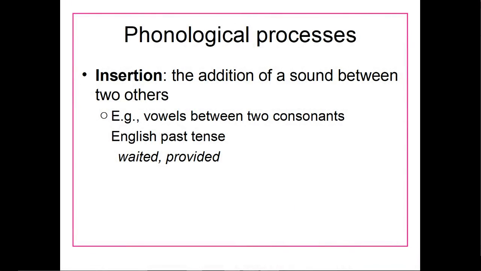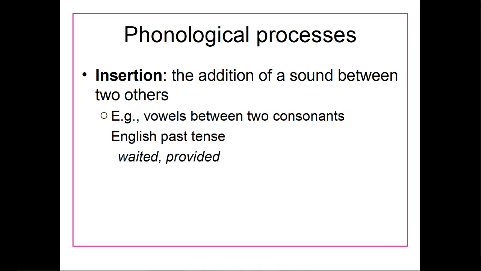So insertion is another phonological process. In insertion, we have the addition of a sound between two others. And again, this one makes things easier to say, at least in English. We don't frequently say two consonants right next to each other. So if because of making something past tense or a plural we might have two consonants right next to each other, we'll actually just insert a vowel in there, and that makes it easier to say too.